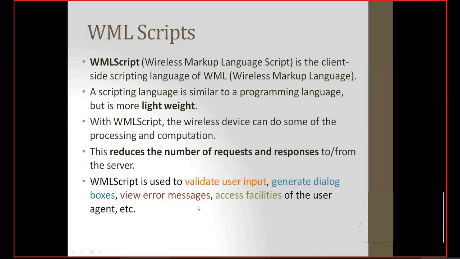Error messages again can be shown through the script, and additional facilities that we want to access from the user's device. All those facilities like any file access or all of that we can do with the help of WML script on the user's device, right? So these were the general uses of WML scripting.